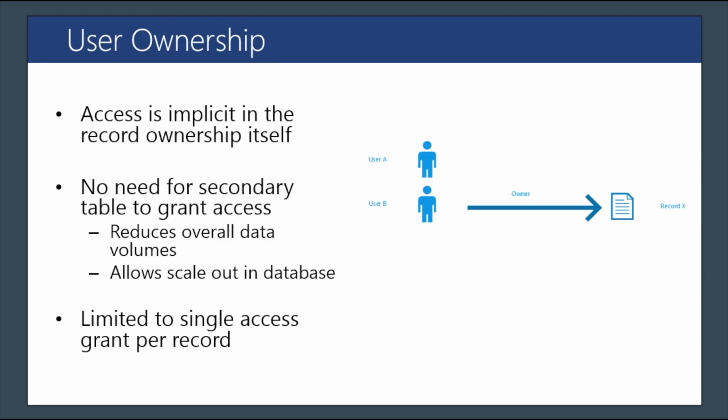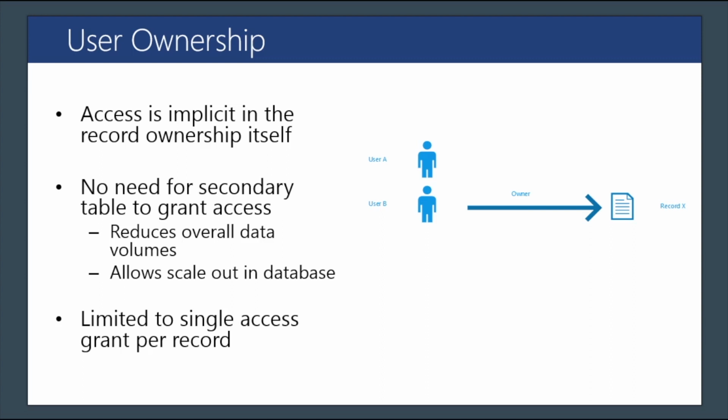So we'll talk a bit about user ownership and team ownership. So user ownership, the access to a record is implicit in the record ownership itself. So there is an owner defined for the record, and the user that owns the record has access to that record. There's no need for a secondary table to grant access to that record.